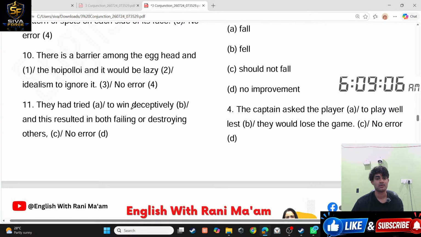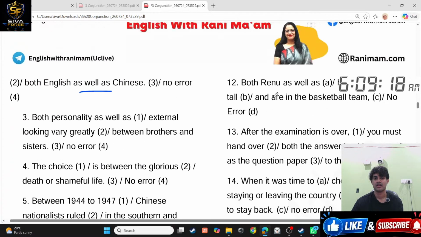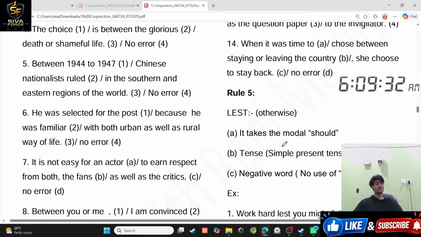They had tried to win deceptively, and this resulted in both failing and destroying others. After the examination is over, you must hand over both the answer booklets, and when it was time to choose between staying and this is important, but I forgot very important things.